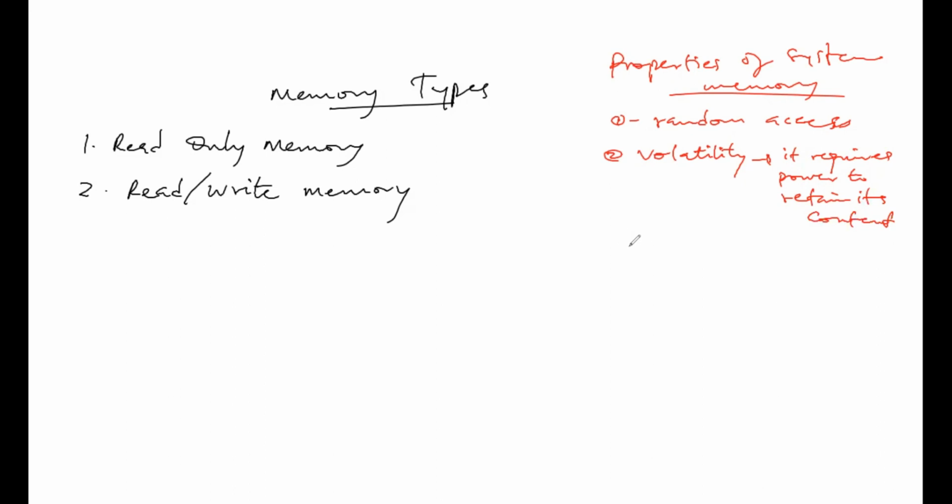That's why it's volatile. And then the third property of system memory is non-volatility. So a non-volatile memory can retain its value even in the absence of power, okay?